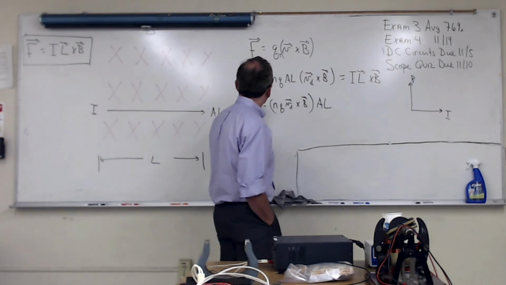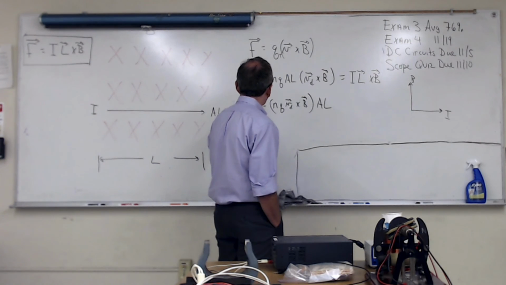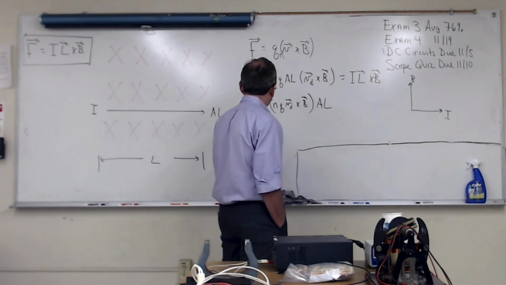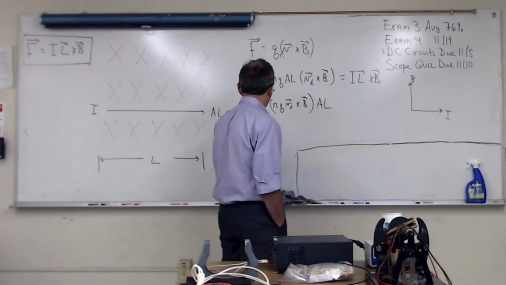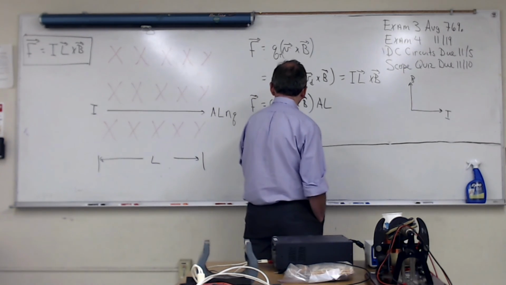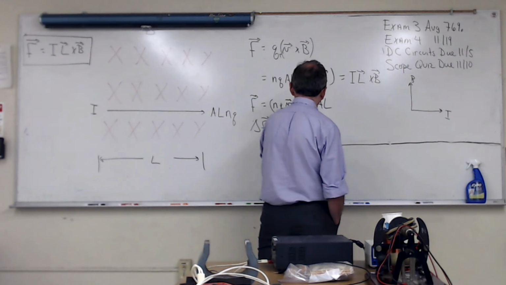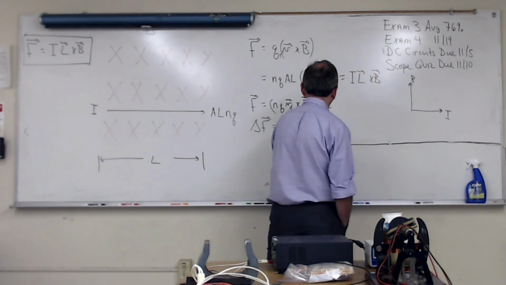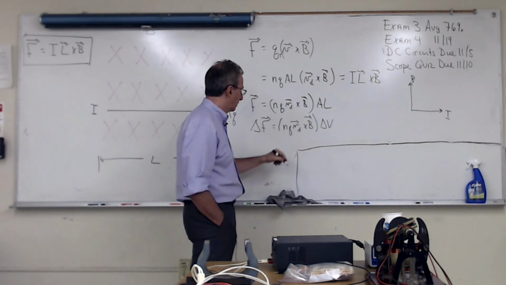And this, I can only calculate over a unit of volume. So I would do the following. This is a volume, so I would write... And this is the current density.